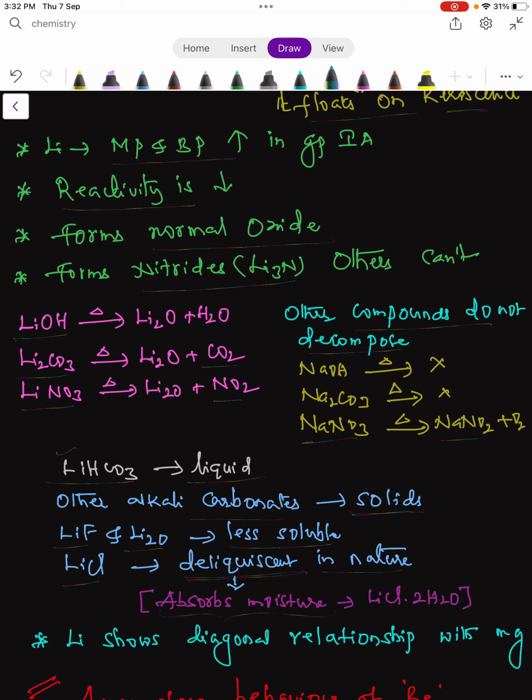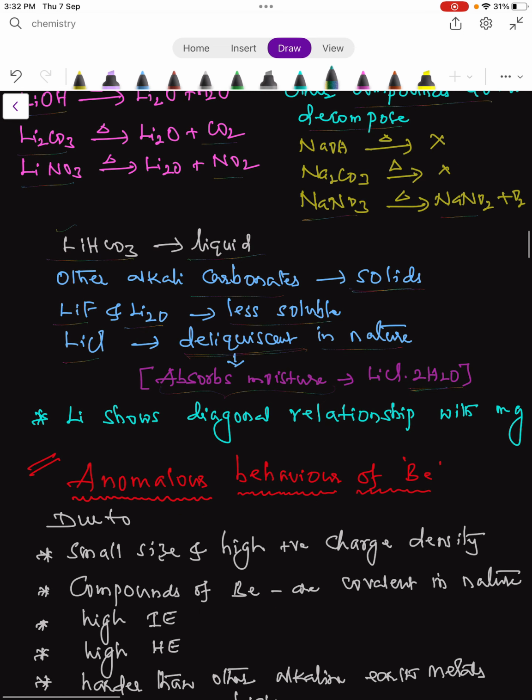That is the reason the compounds of lithium have water of crystallization, or hydrated molecules, in them. And a very important thing is that lithium shows a diagonal relationship with magnesium. That is the reason whatever properties are shown by magnesium, the same properties are shown by lithium also.